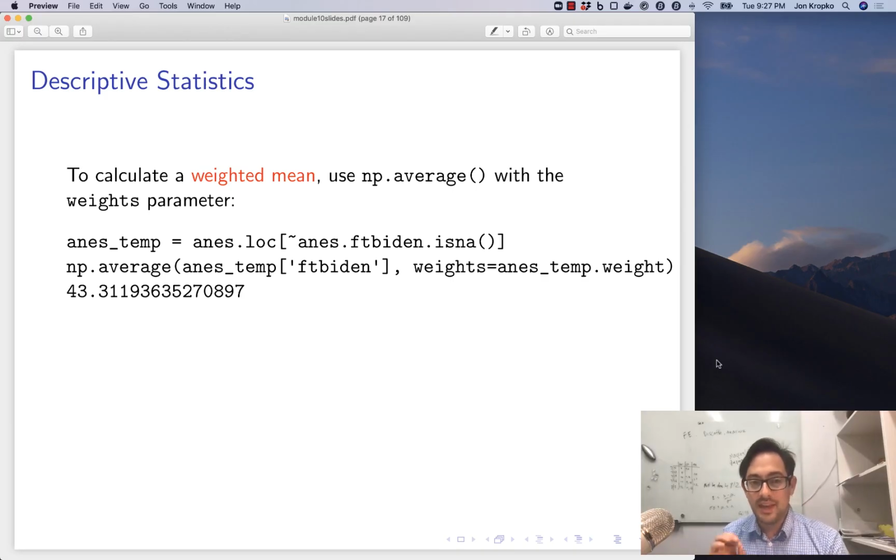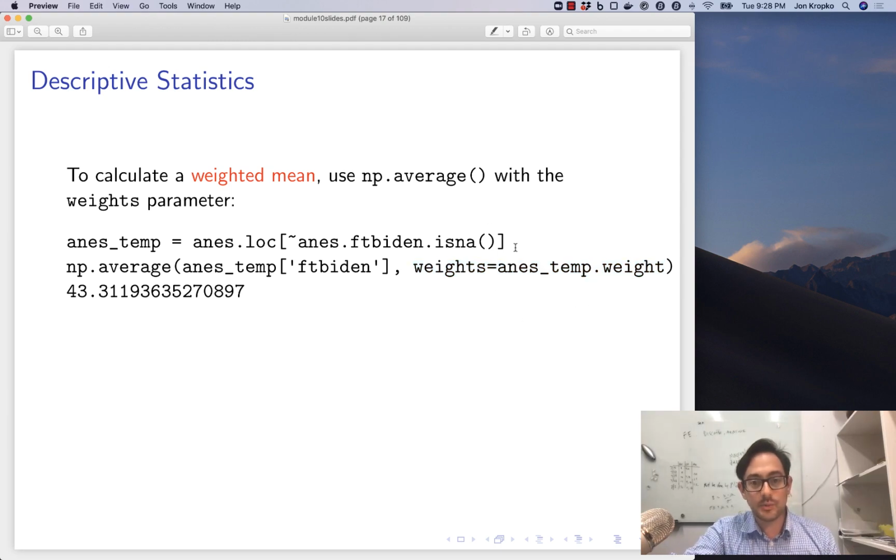So if we have weights as a feature in our data, then we could use the np.average function, the average function from the NumPy package, with the weights parameter. You can see right here that I'm going to take the average of the Biden thermometer with the weights column from the ANES data.